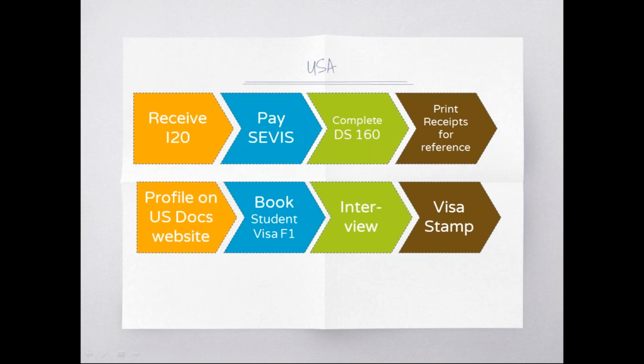You will also need to pay an additional $160 for the visa application fee in your country at the US Embassy or the consulate, or at the bank that the embassy designates. Specific information on where to pay the visa application fee can be found at the website of the US Embassy in your country. The United States is using a new non-immigrant visa application form, which is also called the DS-160.